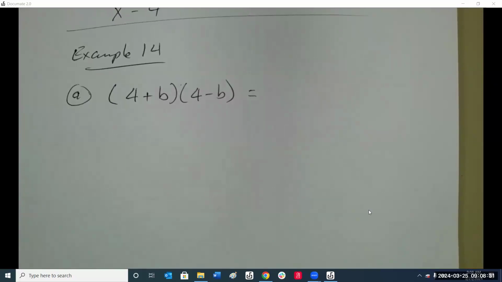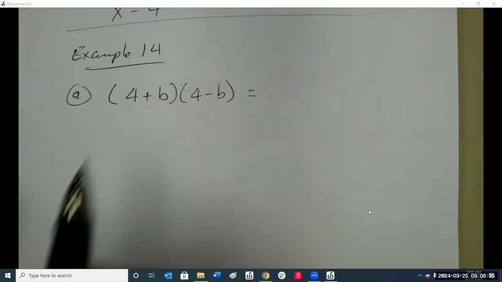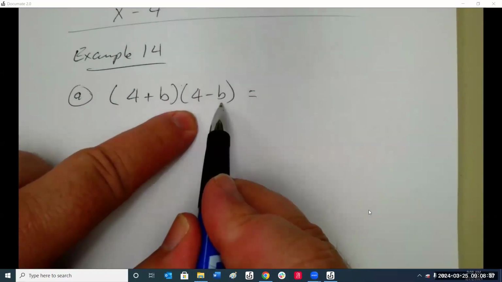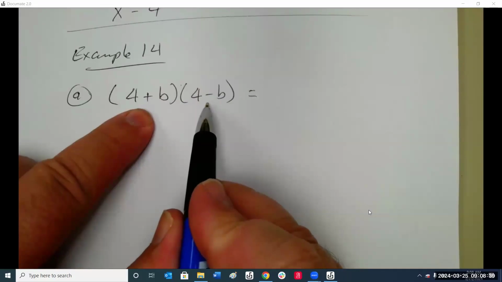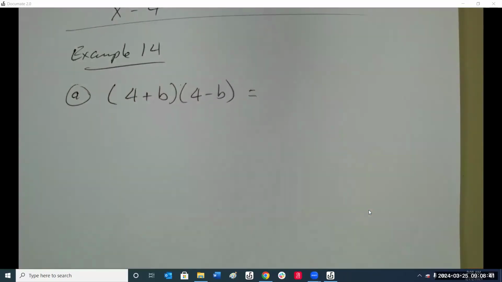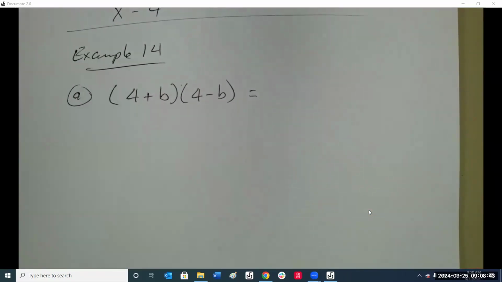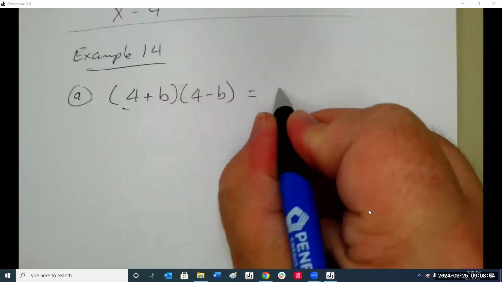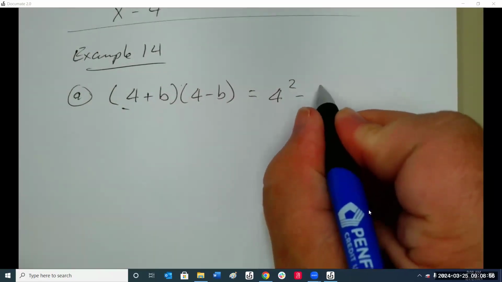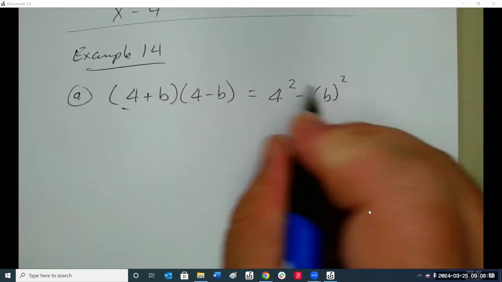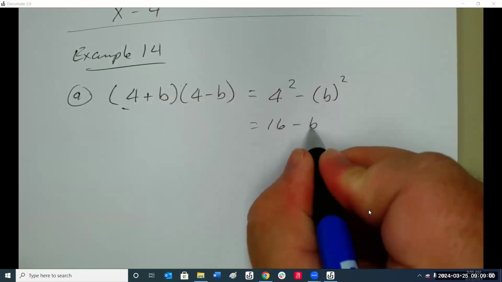First thing, you ask the students, is this a difference of two squares? Do they have the same letters and numbers? A, B, 4B, 4B. Different signs? Yes. So now we use a shortcut. So we have 4 squared minus b squared. So it's 16 minus b squared.